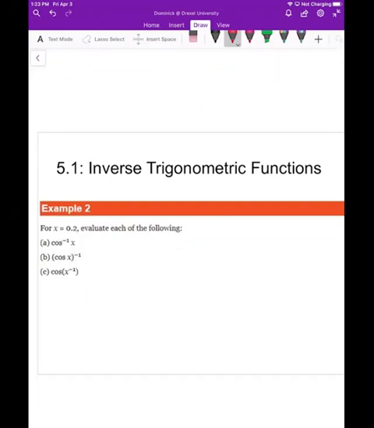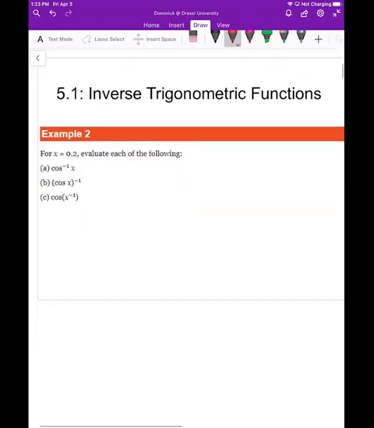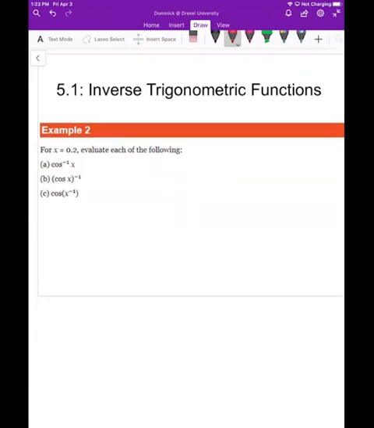So that's how we can find each of those things. Now, here we're going to do an example just to show that you have to be careful of the notation here, all right? So the inverse cosine of 0.2 is part A, which means that we want to find an angle whose cosine is 0.2. Now, of course, you can just do this in the calculator.